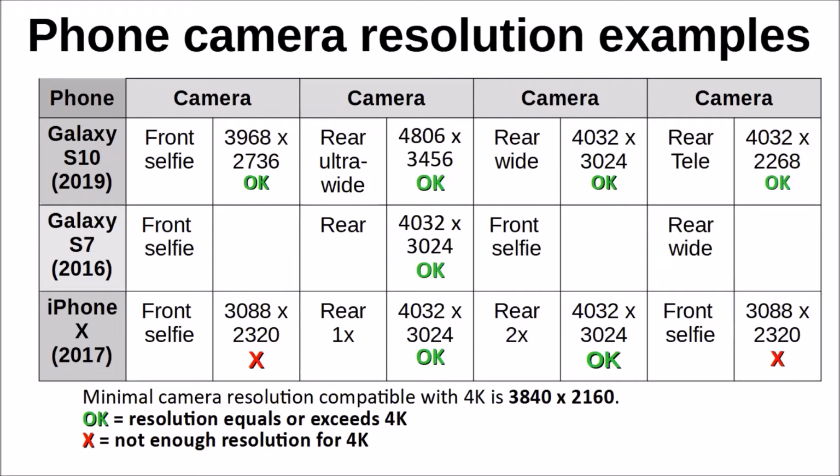So that gives you a sense of how the concept of compatible can vary a bit. In 2 of the 3 phones I've noted here, the front selfie camera will not shoot 4K. So in most cases, it's unlikely that a front camera will shoot 4K unless it was designed fairly recently, within the last 4 or 5 years.